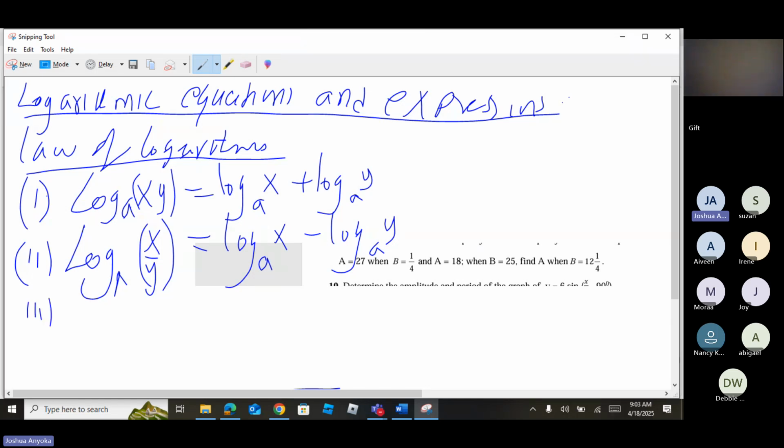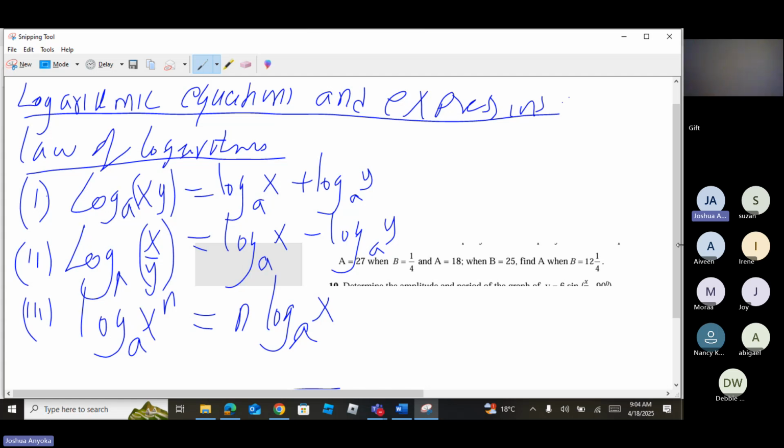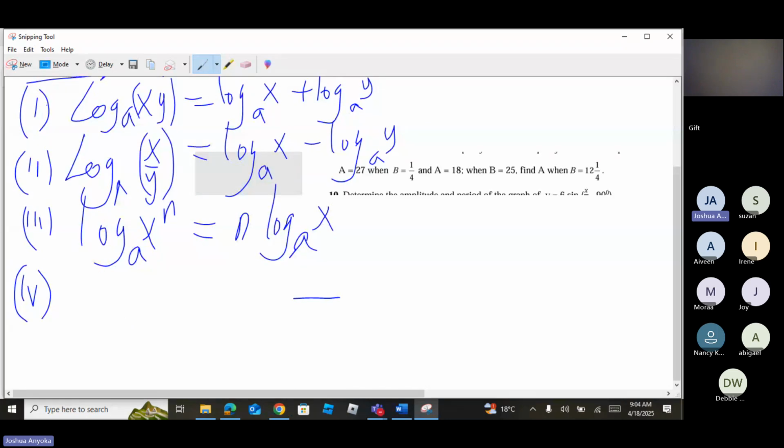The law number 3 we want to use, the logarithm of x base a to the power of n is equal to n log x to base a. Number 4 is very main, but there are others which we use. When the number is the same as the base, the answer is always 1.